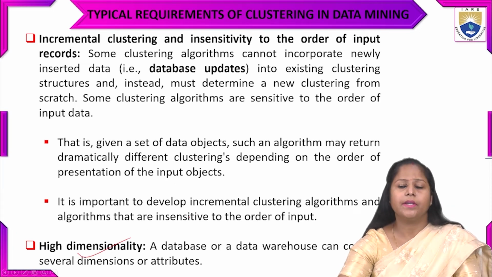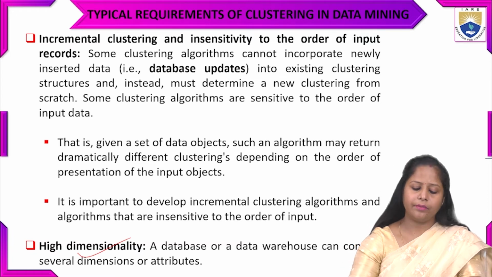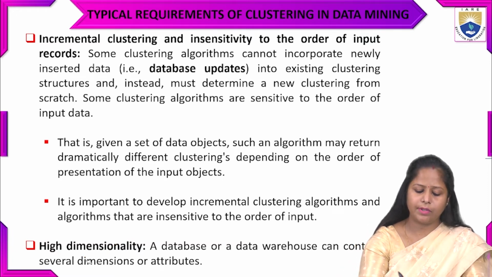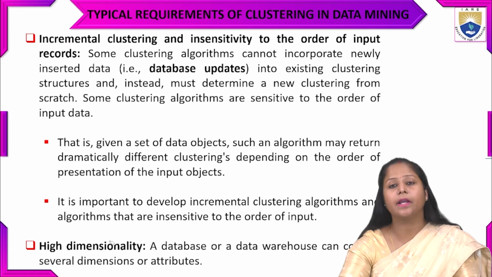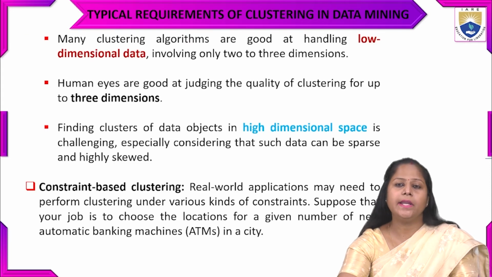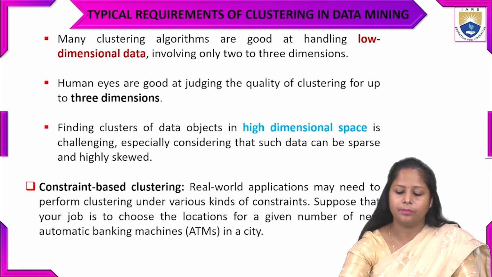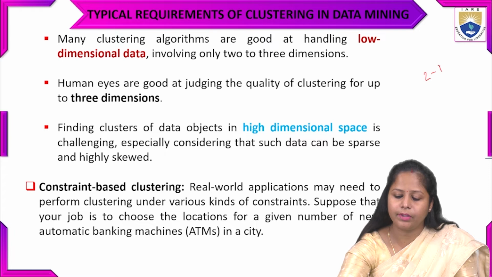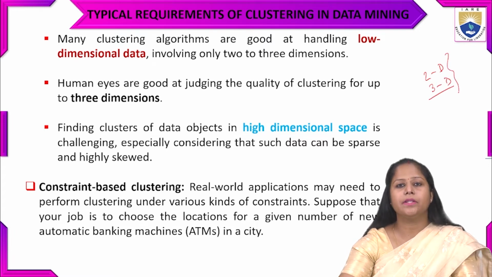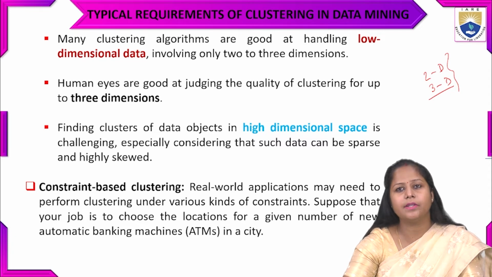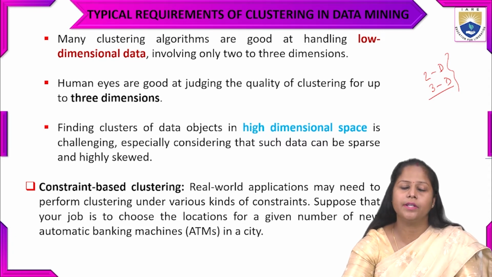Next is high dimensionality. A database, or we can say data warehouse, can contain several dimensions and attributes, so it can contain different types of dimensions for the attributes. Many clustering algorithms are good at handling low-dimension data involving only 2 or 3 dimensions.